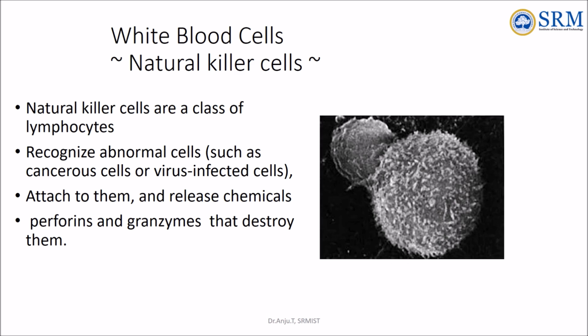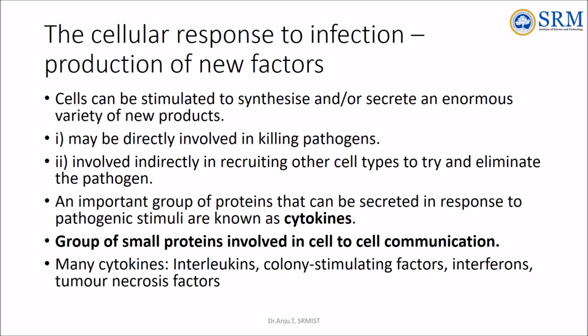Natural killer cells are a type of lymphocytes, that is, white blood cells. They work effectively against cancerous cells and virus infected cells. These natural killer cells attach to the virus infected cells and release chemicals such as perforins and granzymes and destroy the virus infected cells or cancerous cells by secreting new proteins.